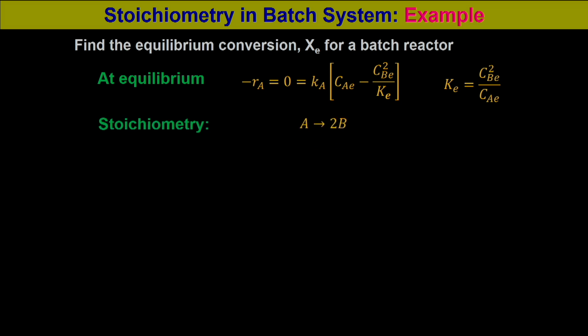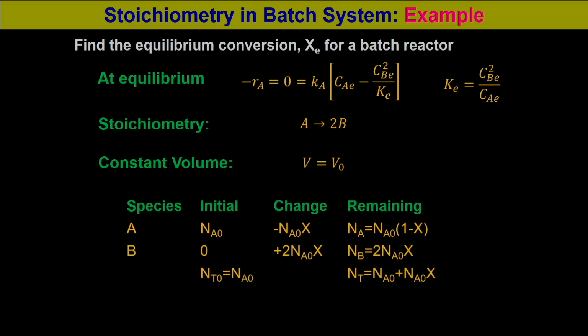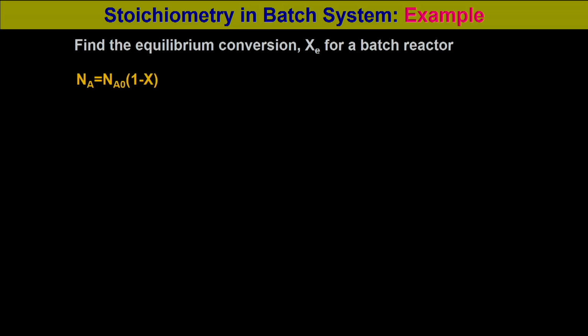From stoichiometry we have A going to twice B, and the volume is constant, V is equal to V naught, and then this is our stoichiometric table. So this is the overall process which we have done so far: equilibrium, stoichiometry, constant volume, and then we have obtained this. Now Na is Na naught into 1 minus x, Nb would be twice Na naught x, and V is V naught.